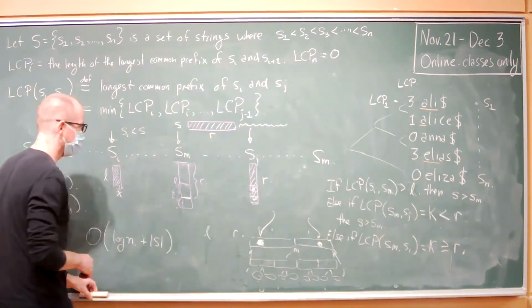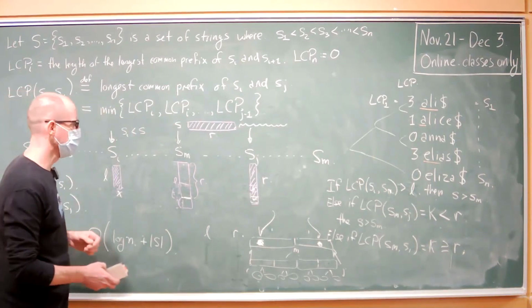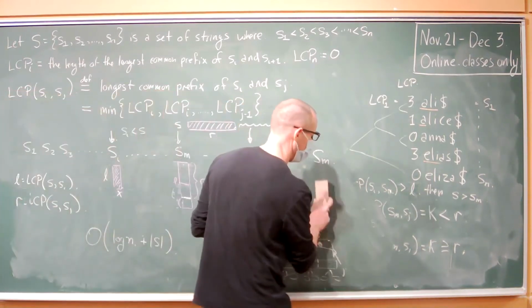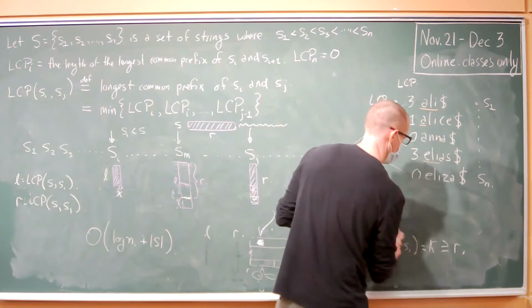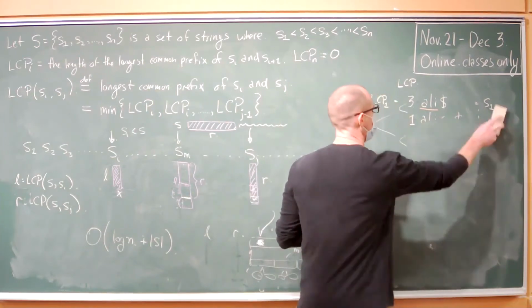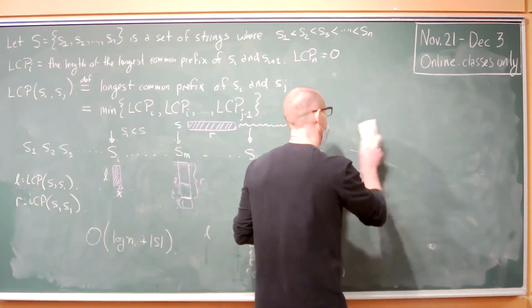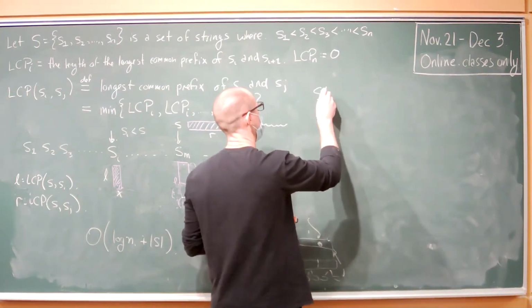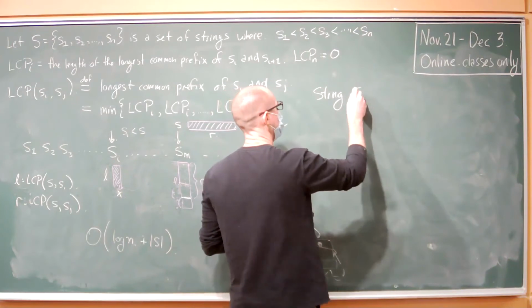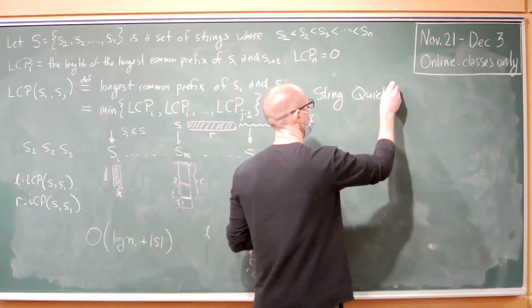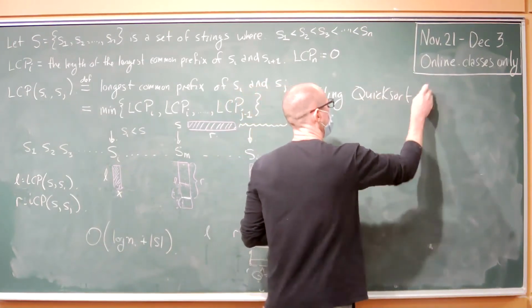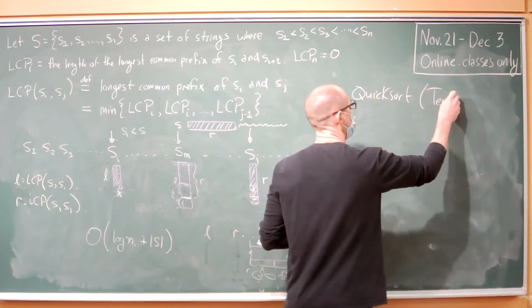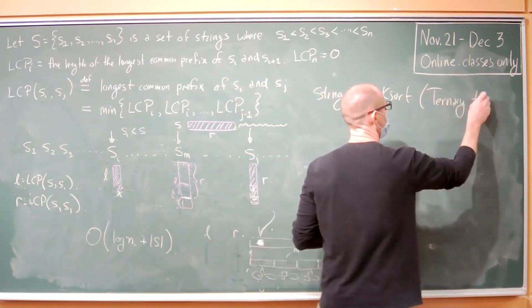Well, it turns out that you can just use something we've seen before, at least two different ways, and that is just string quicksort, whose recursion tree happens to be a ternary trie.